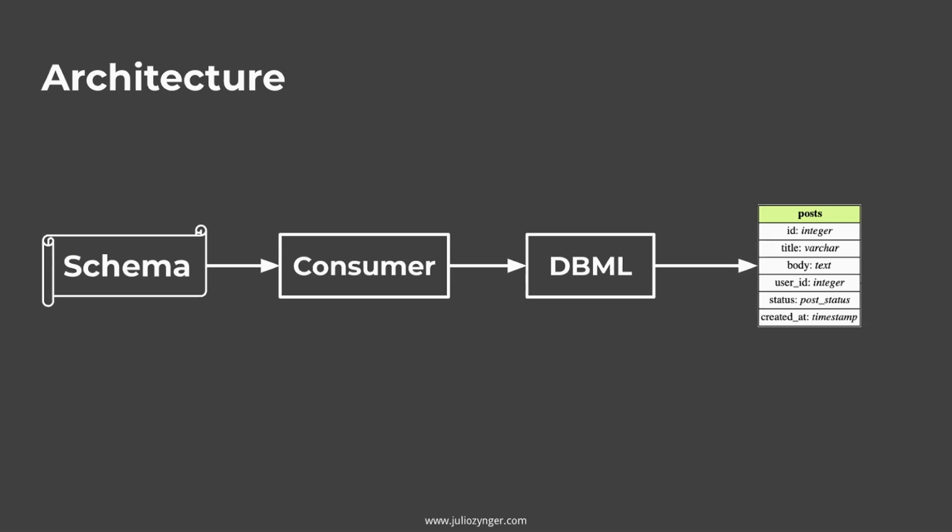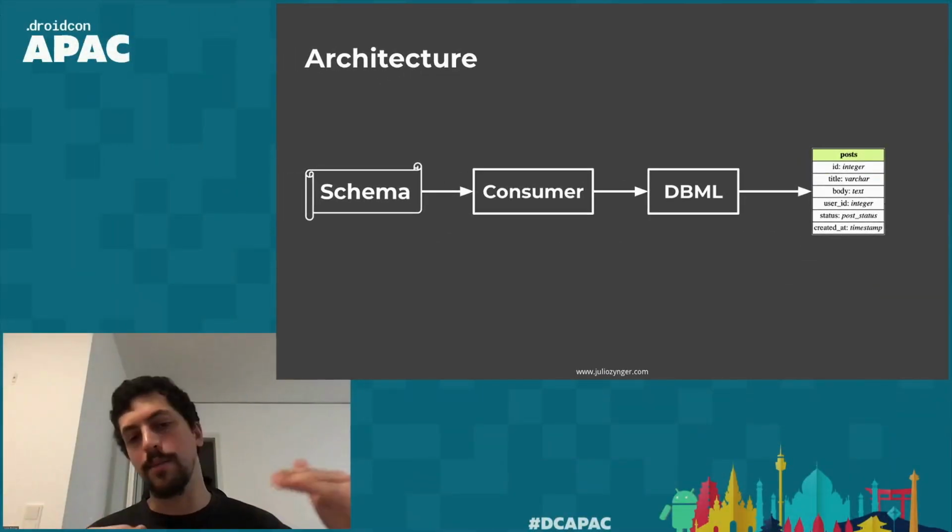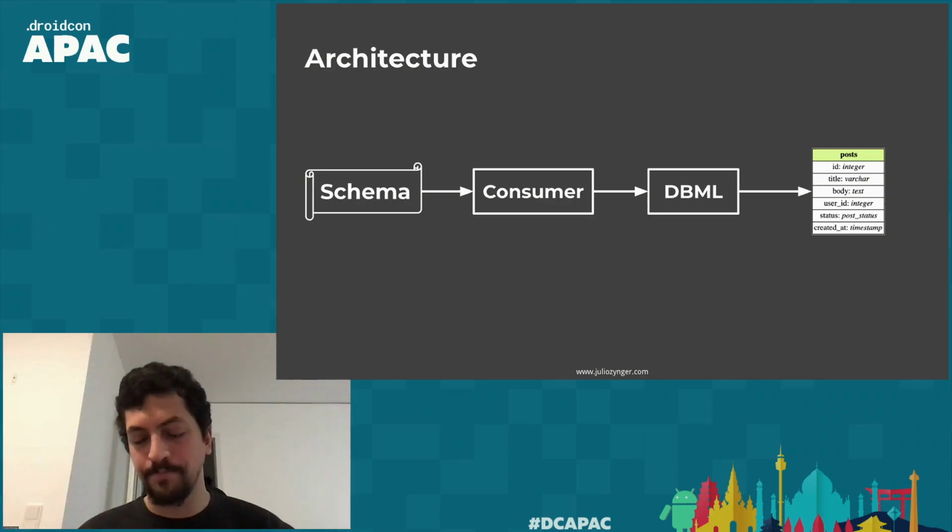Then we have a box that we call a consumer, which is going to process that file and translate the schema into a DBML file. We're going to go deeper into what each of these boxes is, but DBML is basically an intermediate representation of that schema before it gets translated into a diagram. And that's the end goal of our pipeline: to have a diagram that describes what that database schema and organization look like.